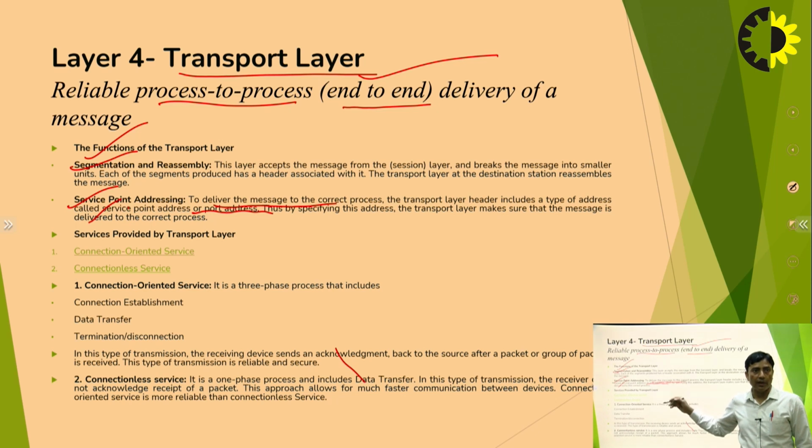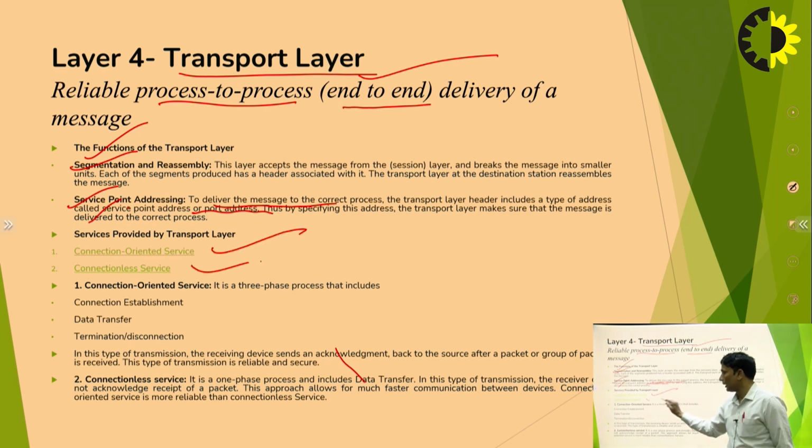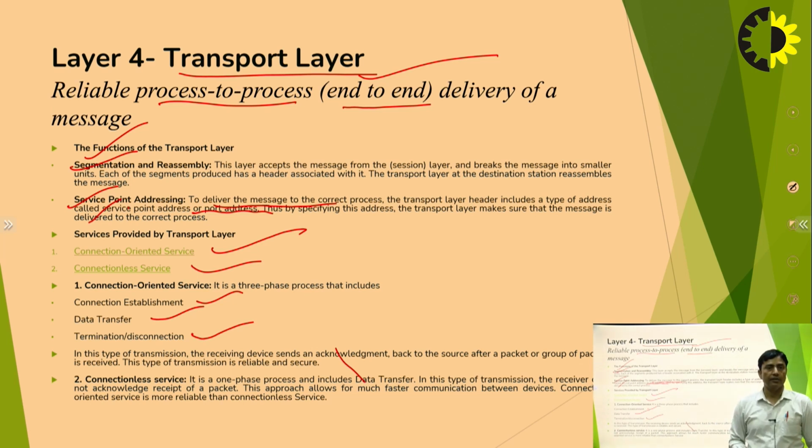The services offered by the transport layer are of two types: connection oriented and connectionless service. In connection oriented service, there are three processes. First, a connection is established between source and destination, then data is transferred from source to destination, and after completion of the communication, that connection is terminated.